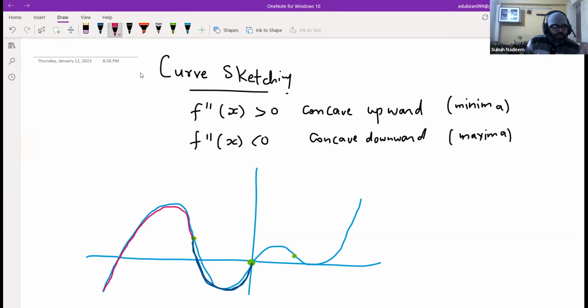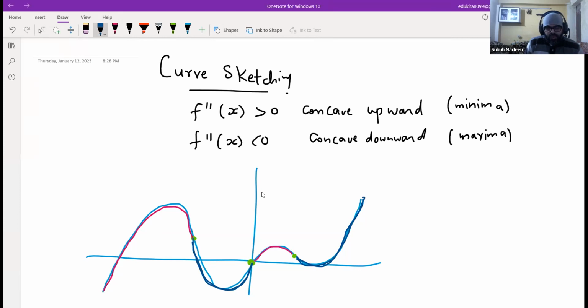Then if you see this portion of the graph again, it is concave downward. And then you again see this portion of the graph, this is concave upward. So this is concave down. Can you figure out the difference between the nature of the graph?